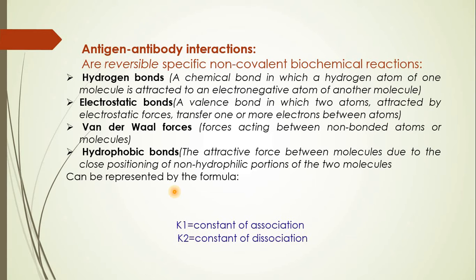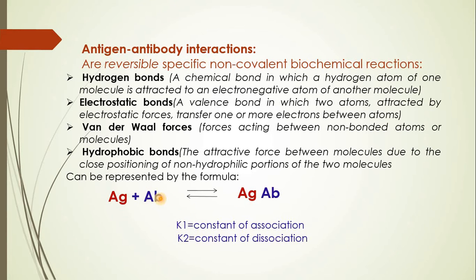Ab referring to antibody, and Ag referring to antigen. So antigen plus antibody leads to formation of the antigen antibody complex. The forward reaction, that is the antigen binding with the antibody, has K1 as the constant of association.